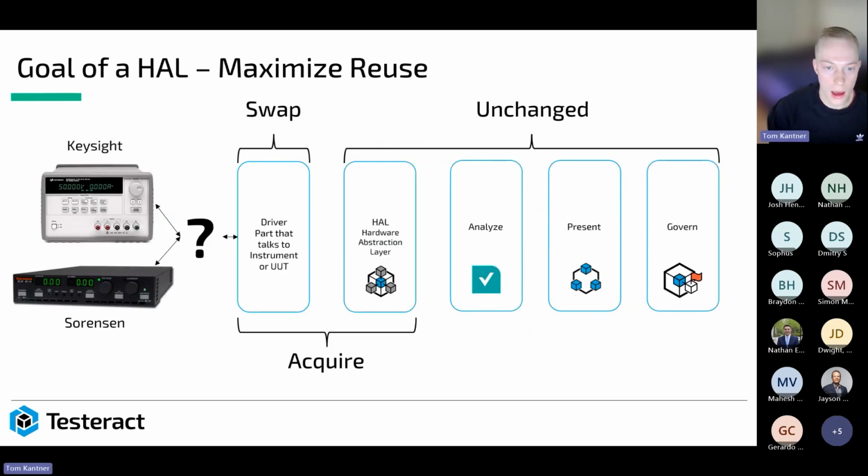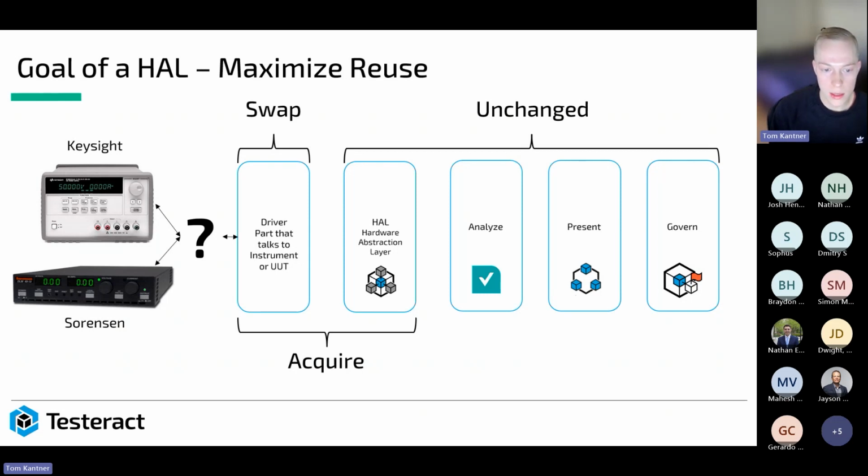So the main goal of a HAL, or at least what it should be, is that you should maximize reuse. Writing hardware interfacing code, driver level code, whatever you want to call it, is often costly, expensive, and time consuming because you have to figure out a lot of low level details. You may have to work through certain issues with the instruments that may not be apparent. So having a part that you can reuse and swap in and out is really powerful because that's where a lot of your development time comes from.